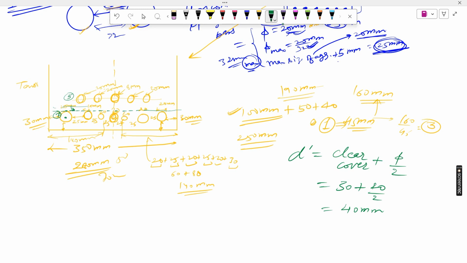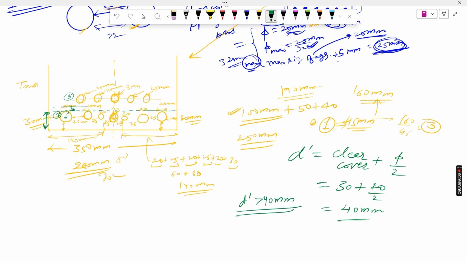So it will be shifted downward, but overall it shifts upward because there are 2 rows of bars in the tension reinforcement detailing. That's why your D dash will increase, because the D dash is the effective depth. So effective depth will increase from 40 mm. So D dash will become more than 40 mm.